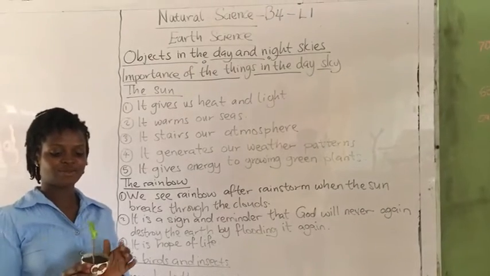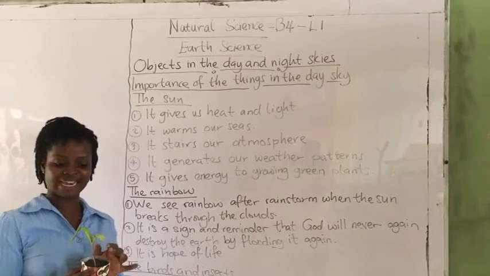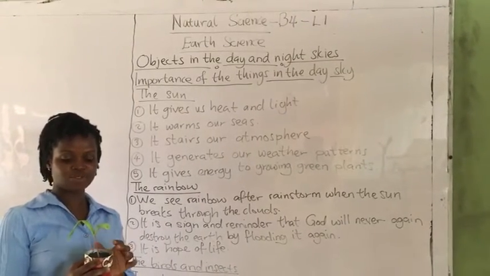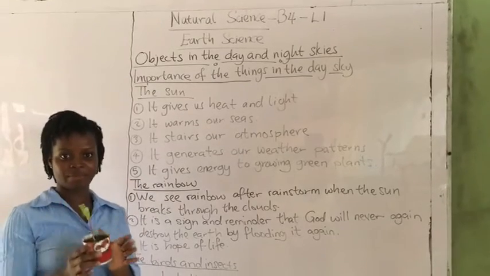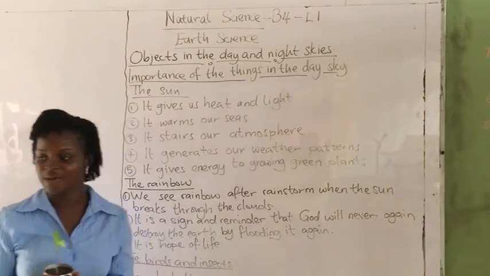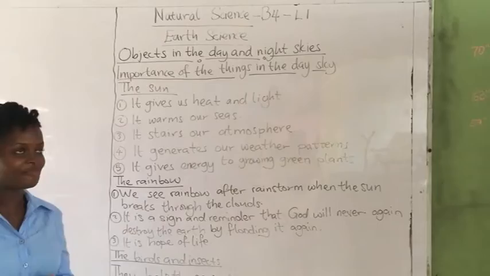So this is a life cycle. It grew from the seed and now is at the shoot or the young stage. With time it will grow up to become a big plant. Now let's put that aside and come to where we are.